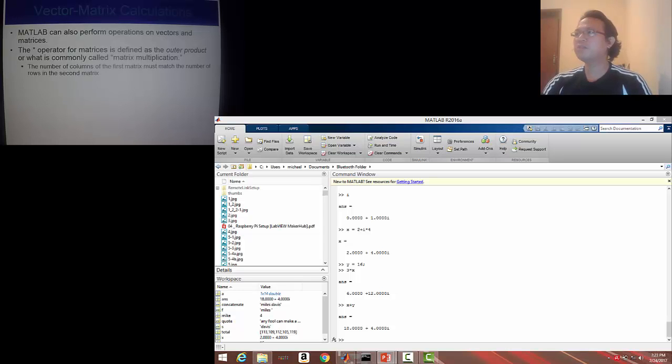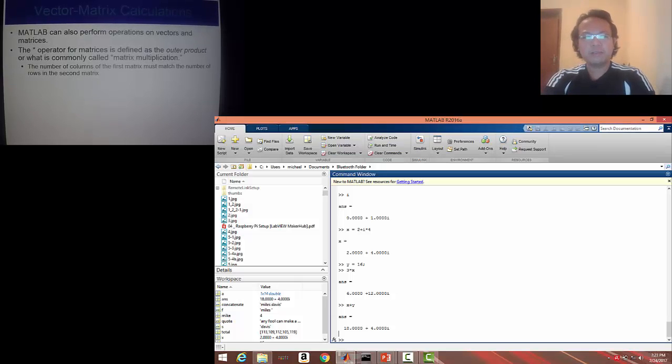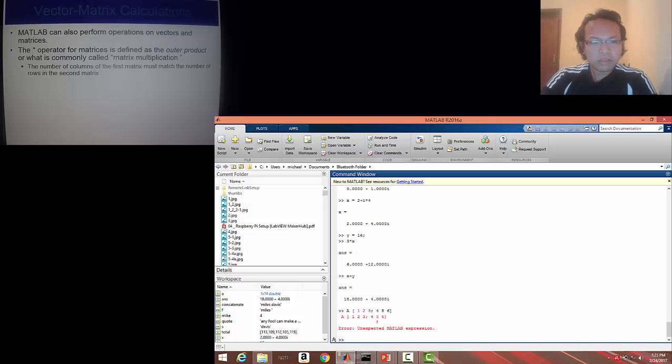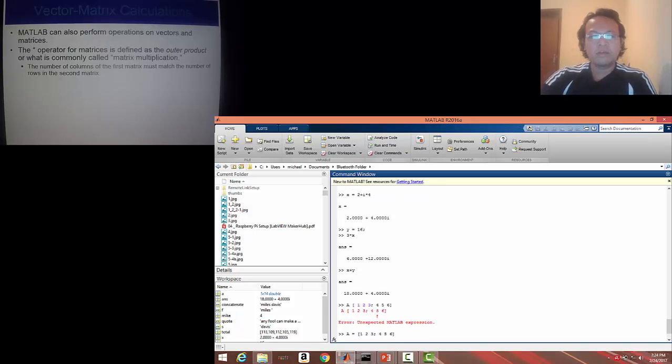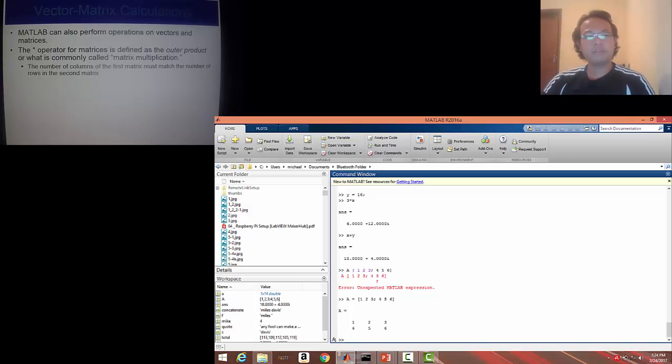The number of columns of the first matrix must match the number of rows in the second matrix. What does it mean? Let's make a 2 by 3 matrix. A equals 1, 2, 3, 4, 5, 6.